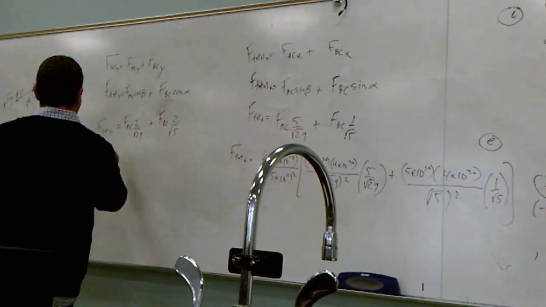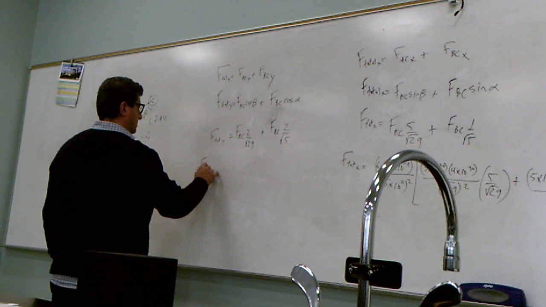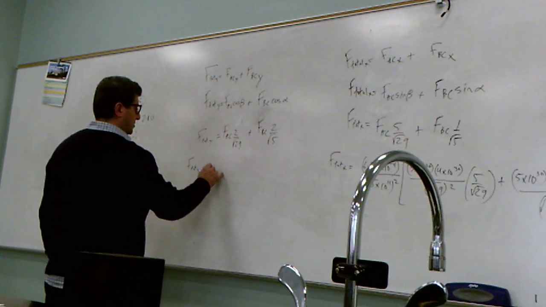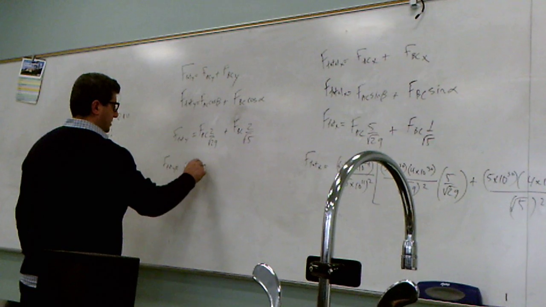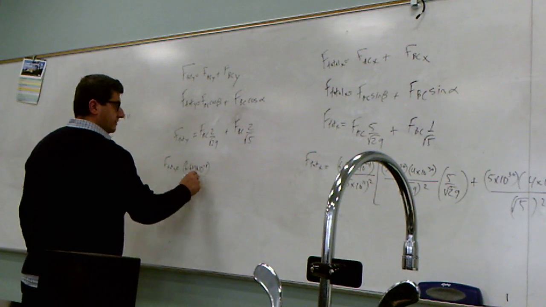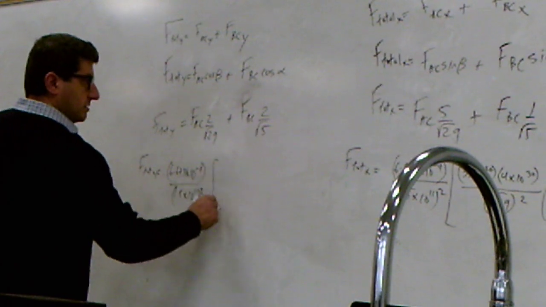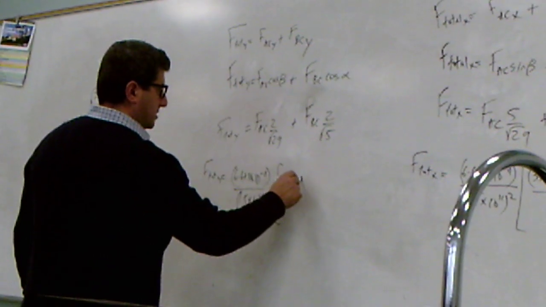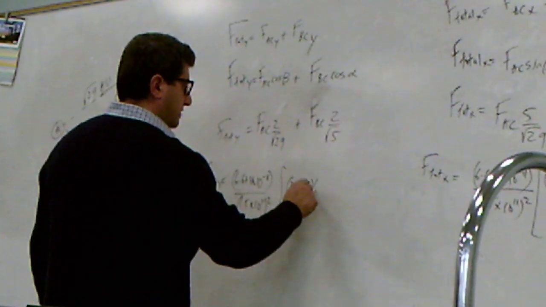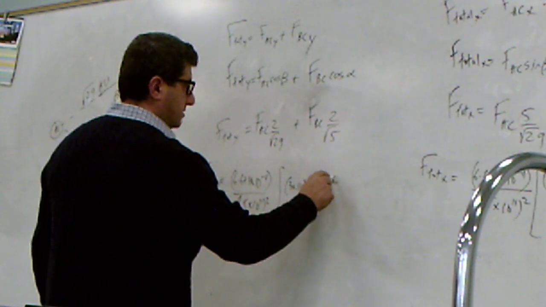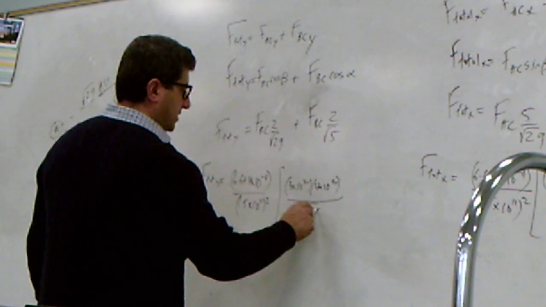And then here's similar: 6.674 times 10 to the minus 11 over 1.5 times 10 to the 11th squared, 3 times 10 to the 30th, 4 times 10 to the 30th, over square root of 29 squared.